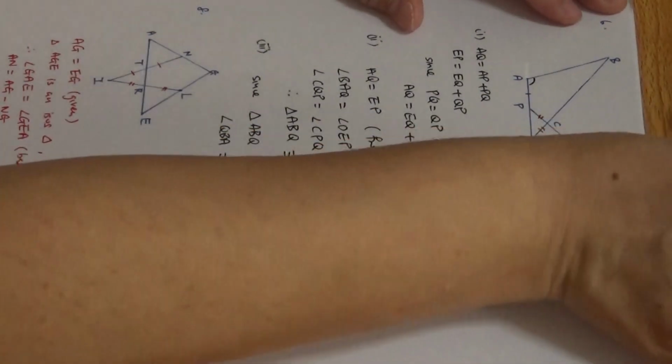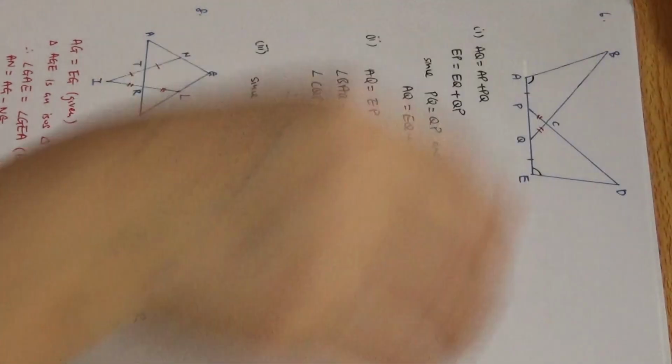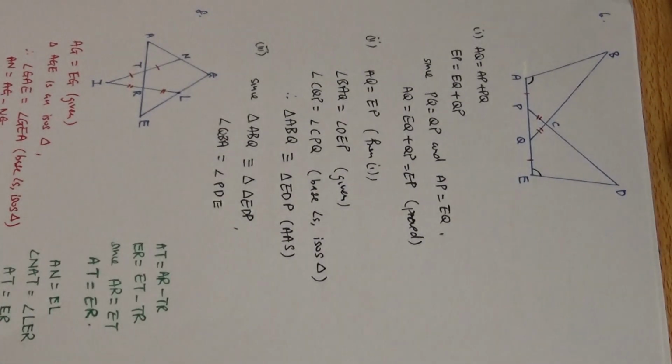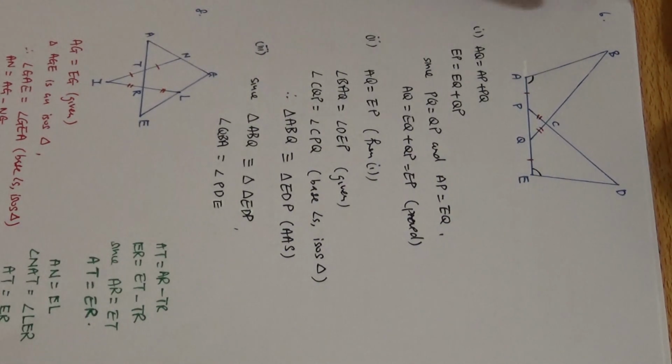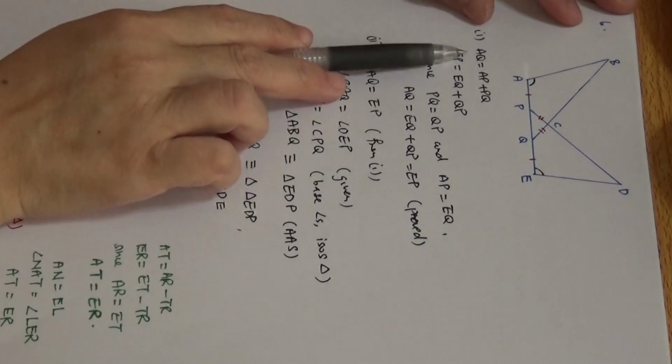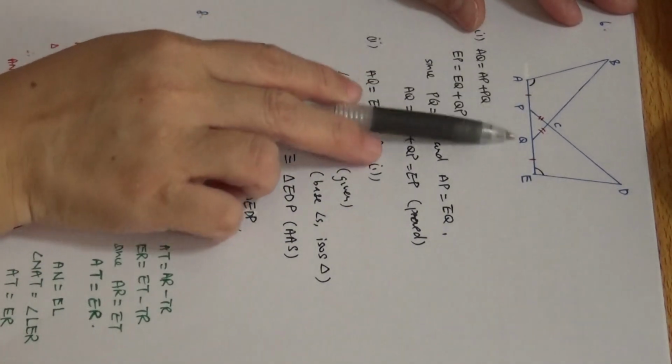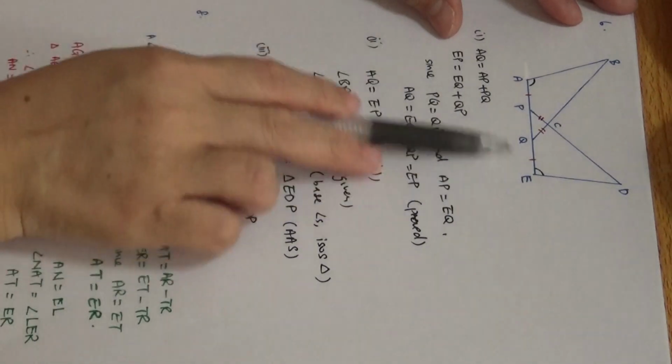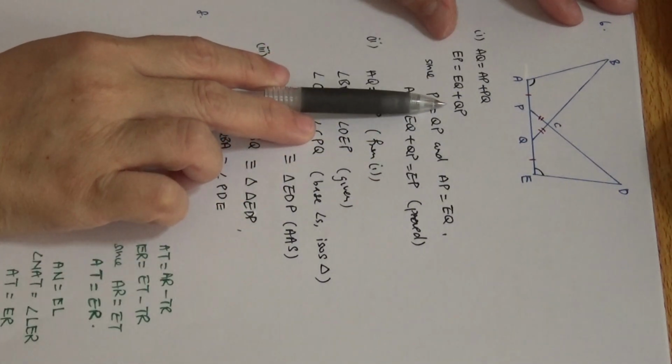Next, question number 6. For question number 6, we are supposed to prove that AQ is equal to EP, that triangle ABQ is congruent to triangle EDP, and that angle QBA is equal to angle PDE. First of all, we know that AQ is AP plus PQ, and EP is EQ plus QP.